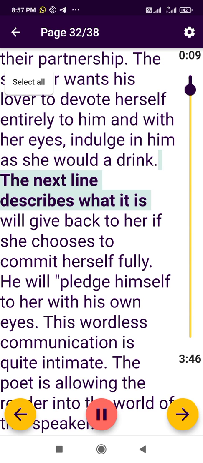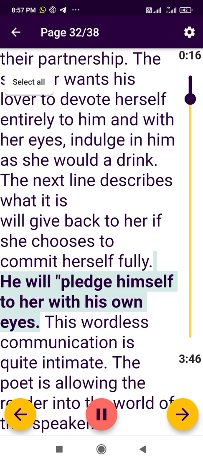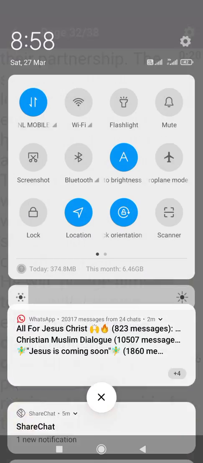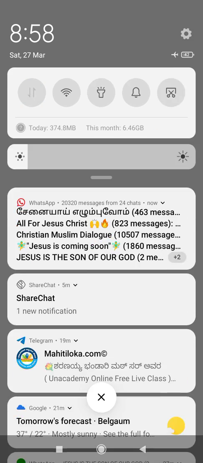The next line describes what he will give back to her if she chooses to commit herself fully. He will pledge himself to her with his own eyes. This wordless communication is quite intimate. The poet is allowing the reader into the world of this speaker.